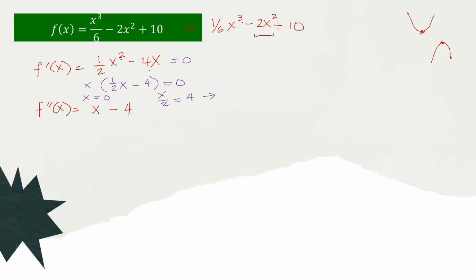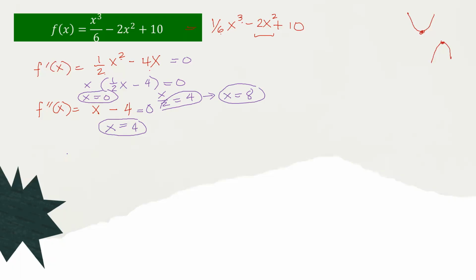Which means x here equals, if you cross multiply this, x equals 8. So nakakadalawa ka ng critical points for the first derivative. And now for your second derivative, equating this to 0 means x equals 4. So tatlo yung ating critical points, si 0, si 4, tsaka si 8.